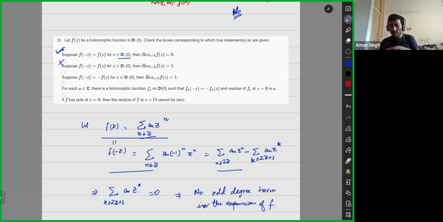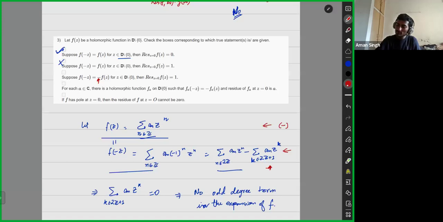Let's see what happens to the series expansion. Just as in the previous trick, we apply it here also. We have the series expansion for f. You replace z by minus z, so you get the second thing. The first thing is this, the second thing you get is this. Now you have to multiply by minus, because here we have an extra minus. Do the odd degree terms get cancelled? No, no, they survive.